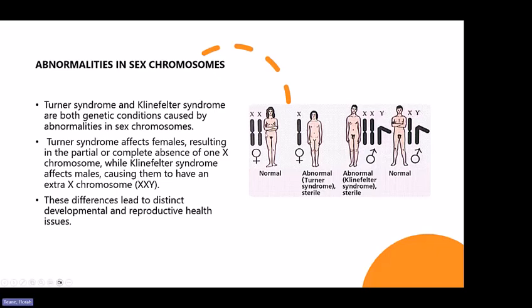So because of these sudden changes, instead of two X cells being formed, a change occurs, an error. So we find only one X instead of 2X in another normal egg.